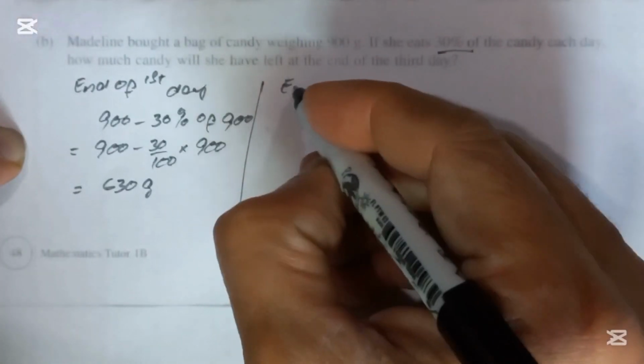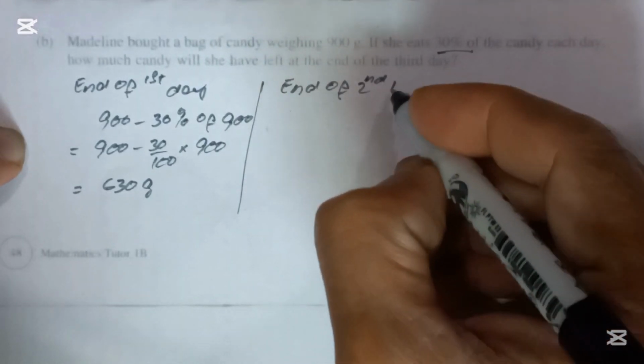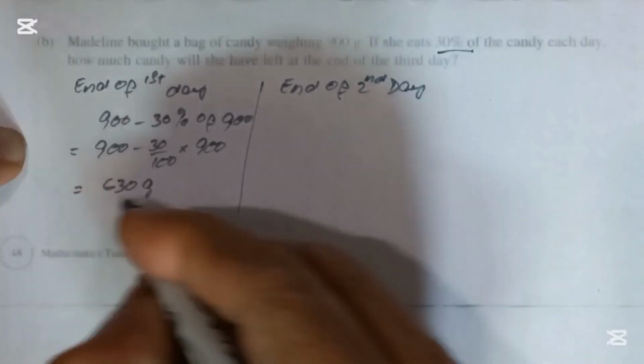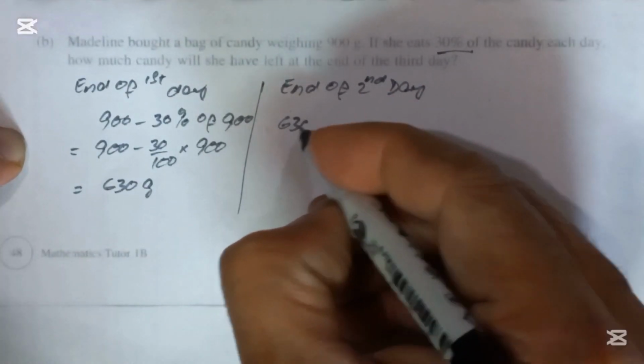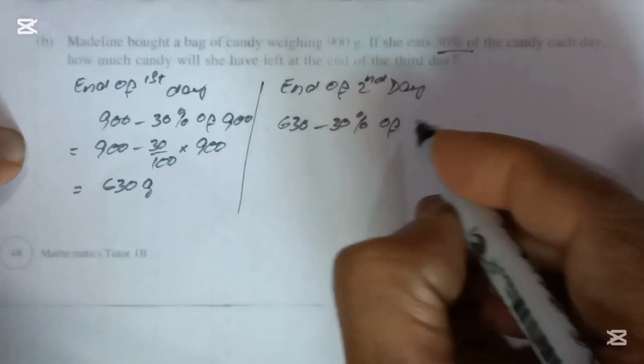Likewise, the end of the second day will be equal to 630 minus 30% of 630.